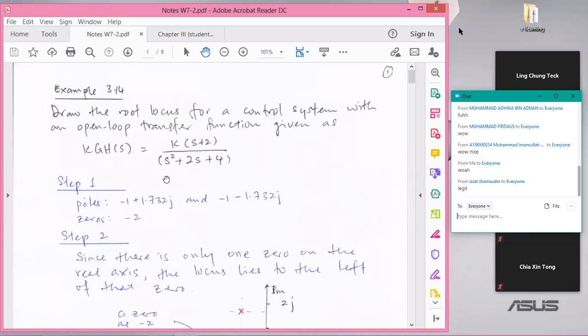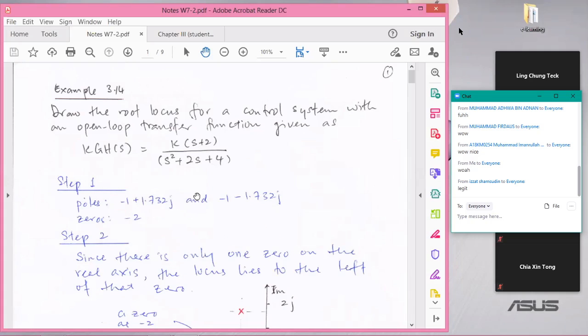Now here we have s plus 2 in the numerator and a quadratic in the denominator of the open loop transfer function. So we have 2 poles, and the poles are complex. This is a quadratic equation, and if you compute the roots, they are a complex conjugate pair at -1 plus 1.7j and -1 minus 1.7j.